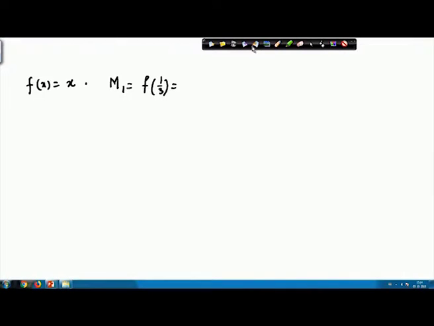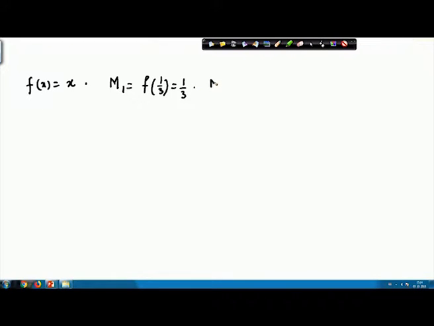So what will be the maximum value, or the upper bound, of this function at 1 by 3? It's 1 by 3.